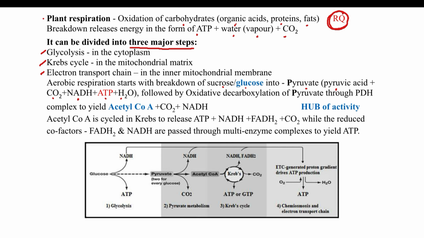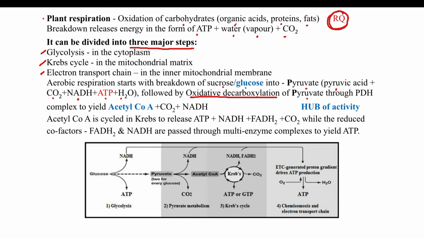This is followed by oxidative decarboxylation of the 3-carbon compound, pyruvic acid or pyruvate. This is an important step. Pyruvate cannot be easily broken down to acetyl coenzyme A, a 2-carbon compound which is fed into the Krebs cycle.